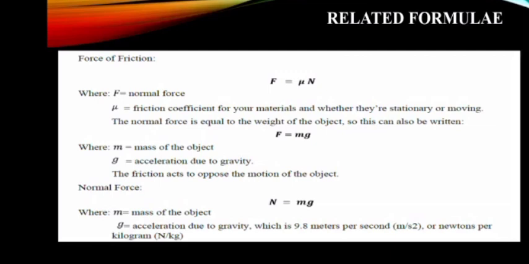So in this particular part, static friction, what do we mean by static friction? It is when an object is placed onto another object and is not moving. For example, we put a box on the table.